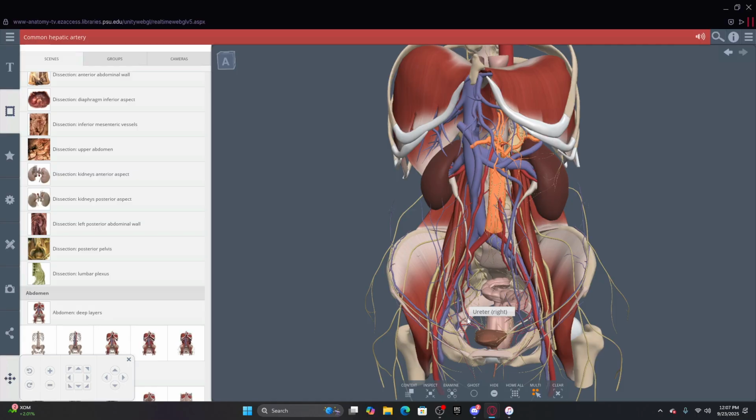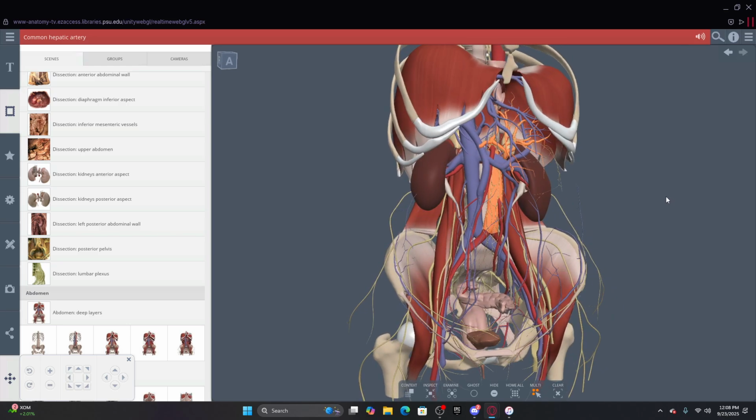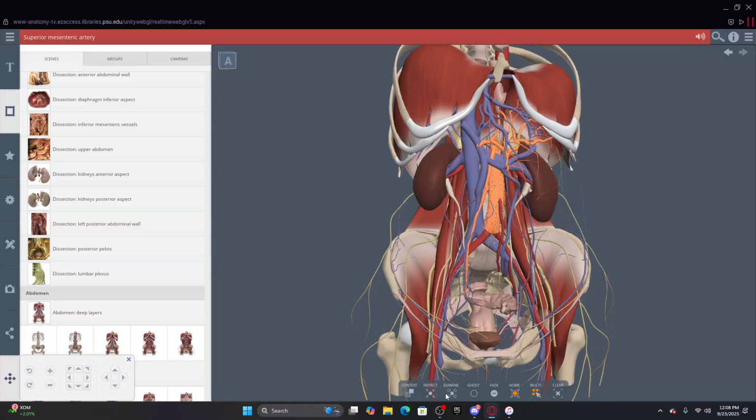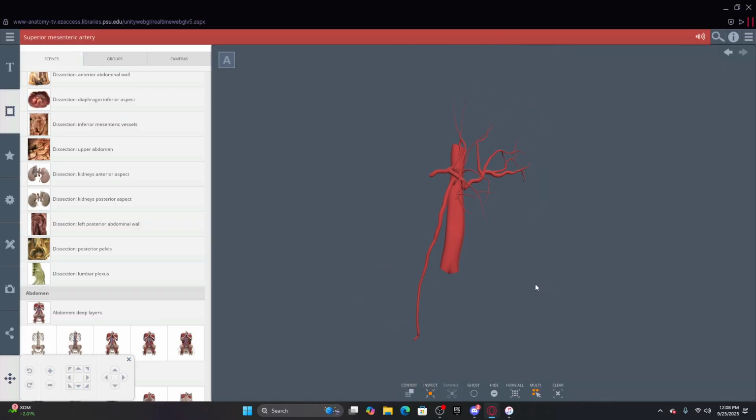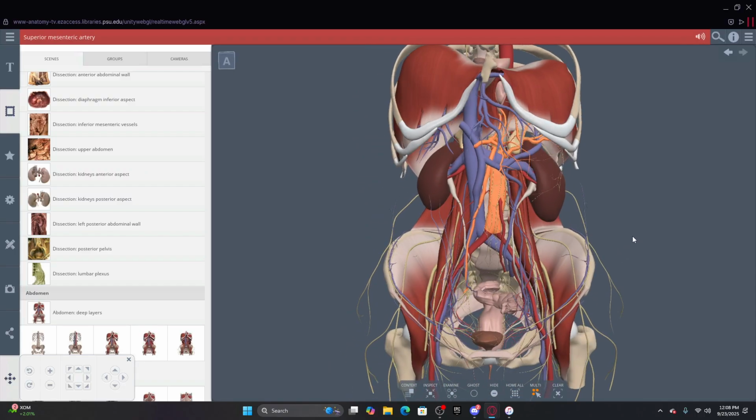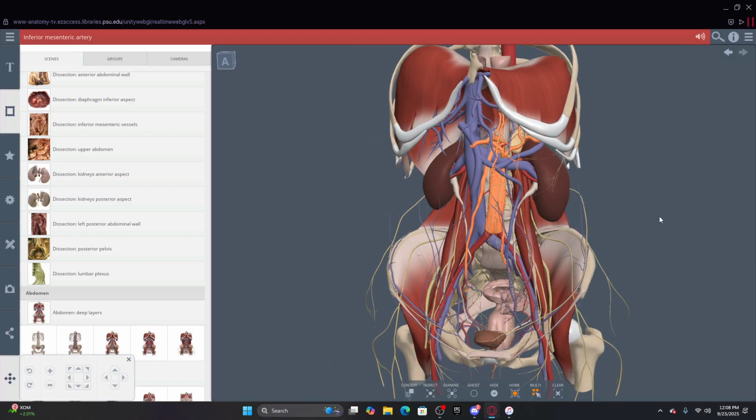So that being said, we're going to move on to the second branch of the CSI, being the S. So superior mesenteric artery. Right, it's right there. If I press inspect, all right, C, S, superior mesenteric artery, and then we have I. I would be right here, inferior mesenteric artery.